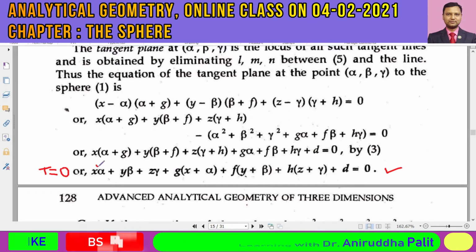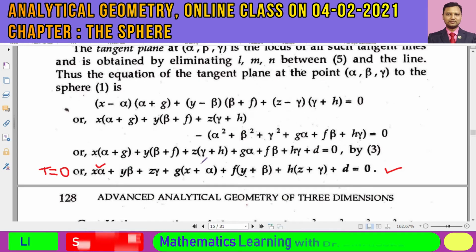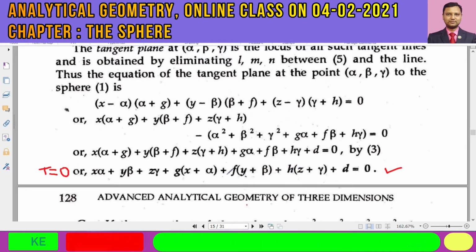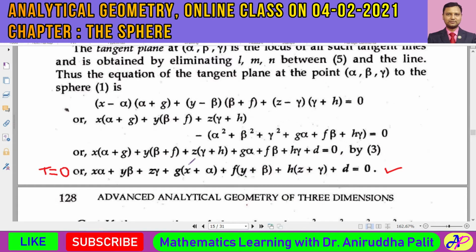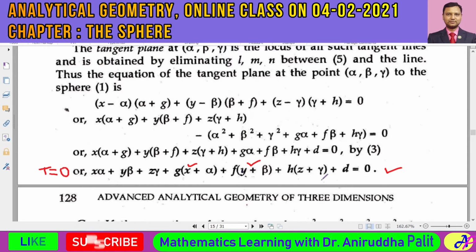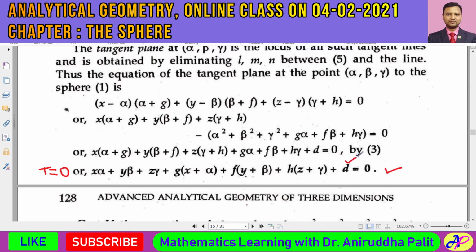So x square has been replaced by x into alpha, y square by y into beta, and z square by z into gamma. Next, twice gx, twice fy and twice hz were there. So twice x has been replaced by x plus alpha, twice y by y plus beta, and twice z by z plus gamma, and the constant term d remains the same.